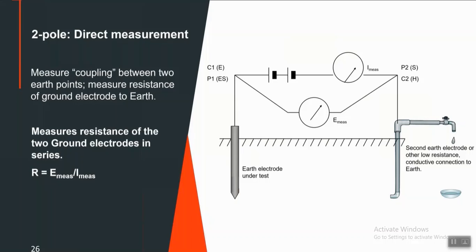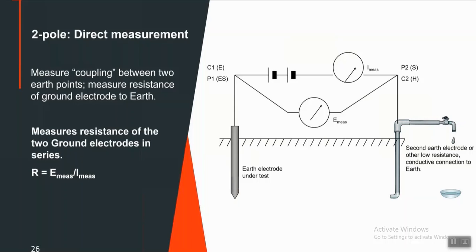Yeah, the dead earth method or two-pole method is the simplest way, I think, compared to other methods to make an earth resistance test, ground resistance test. With this method, the resistance of two electrodes in series is measured actually. Actually, this method measures two series resistance.